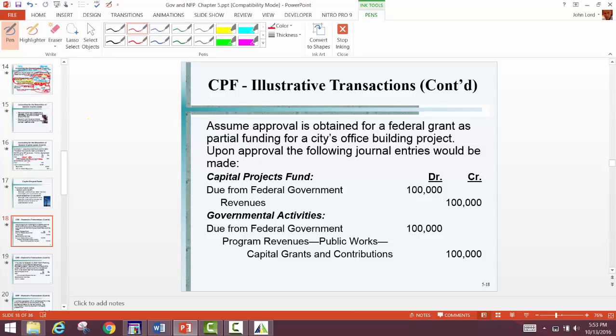Good, I think it's going to work. So I'm going to keep track of my cash. Can you see that? And I'm going to keep track of my expenditures on this project.